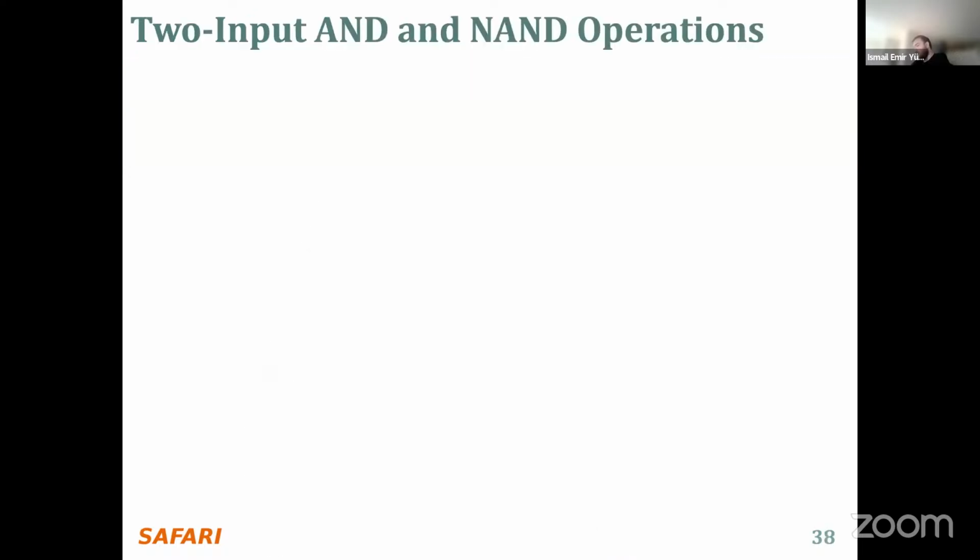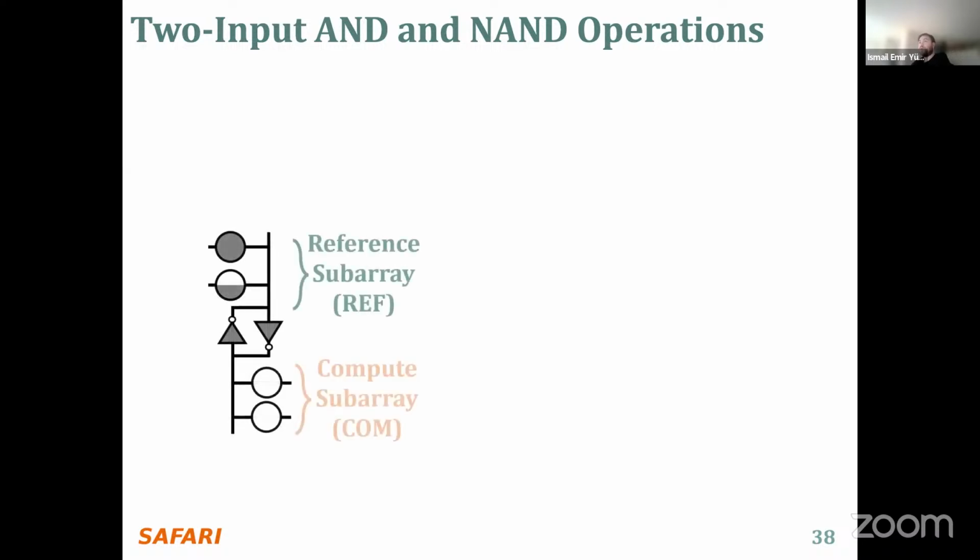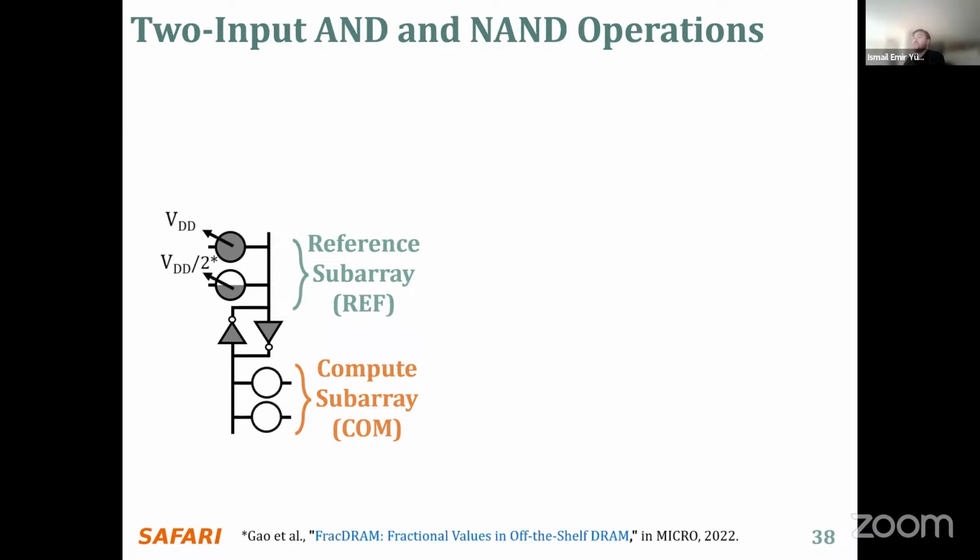Now let's take a look at an example of how we perform AND and NAND operations with 2 inputs. So here again we have 2 neighboring subarrays. The upper subarray we call the reference subarray, and the lower subarray we call the compute subarray, ref and com. In the reference subarray, we store VDD and VDD half.